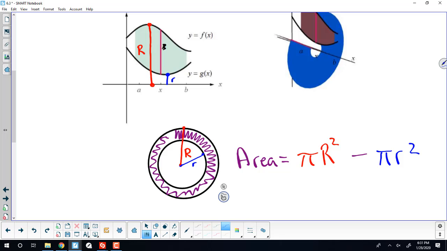So of course the capital R is determined by this height from here to here, top minus bottom. So capital R is simply f of x minus 0. Lowercase r is g of x minus 0.